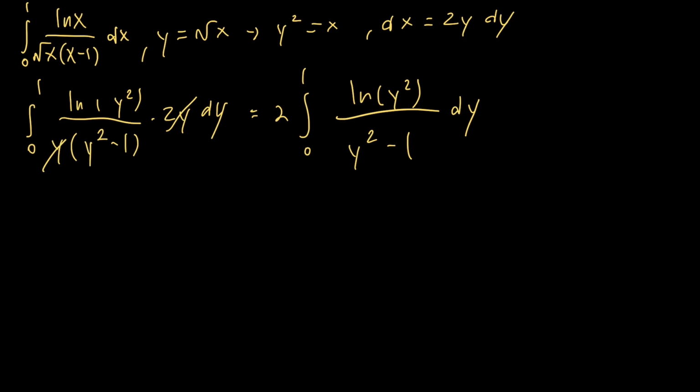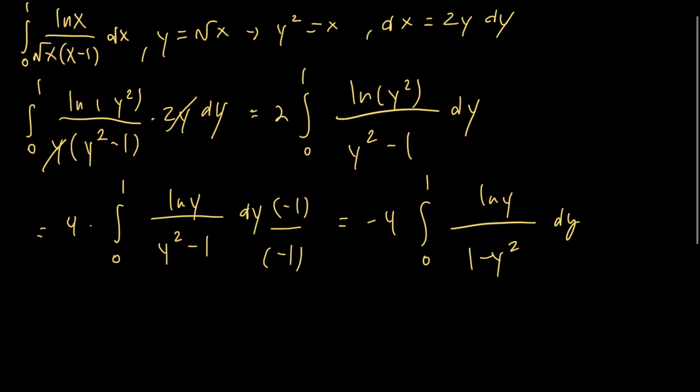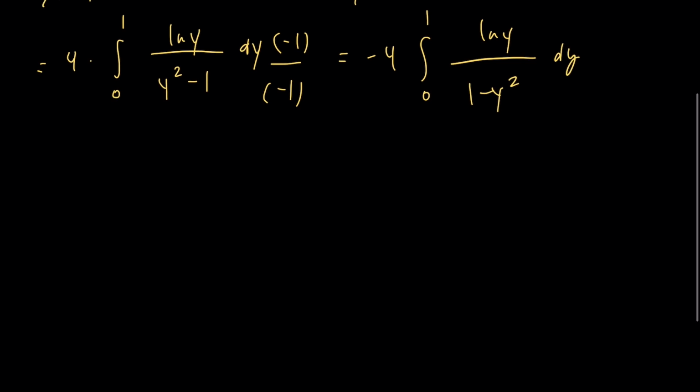We could rewrite this as 4 times the integral from 0 to 1 the natural log of y divided by y squared minus 1 dy. And from here I'll multiply the numerator and denominator by -1. So we have -4, the integral from 0 to 1, the natural log of y divided by 1 minus y squared dy. And from here, we'll make a trig substitution.